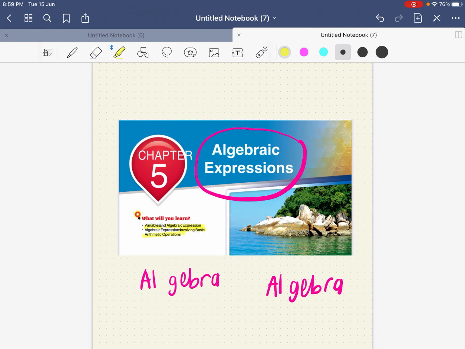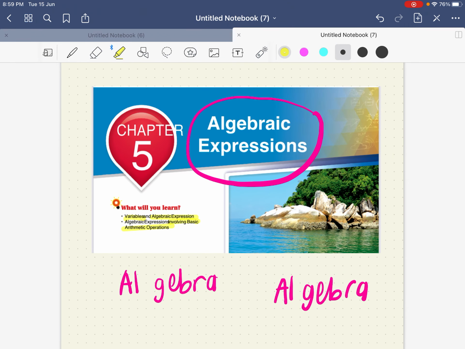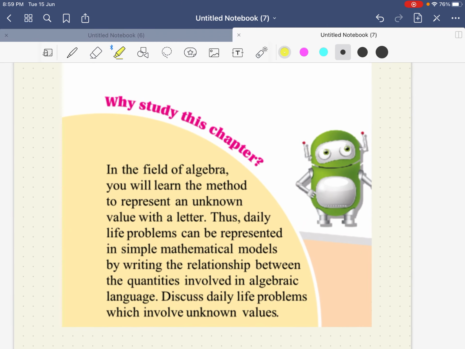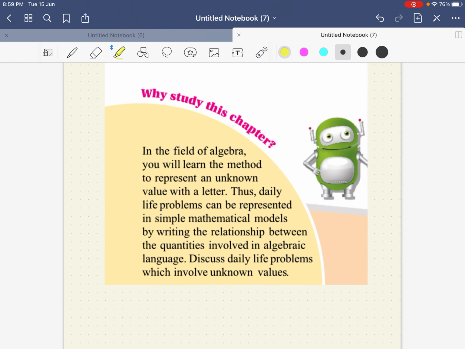Okay, let us move on to what's inside. Okay, why study this chapter? This is something new for you since you haven't met algebra before. You will learn a method, a way to represent an unknown with a letter.